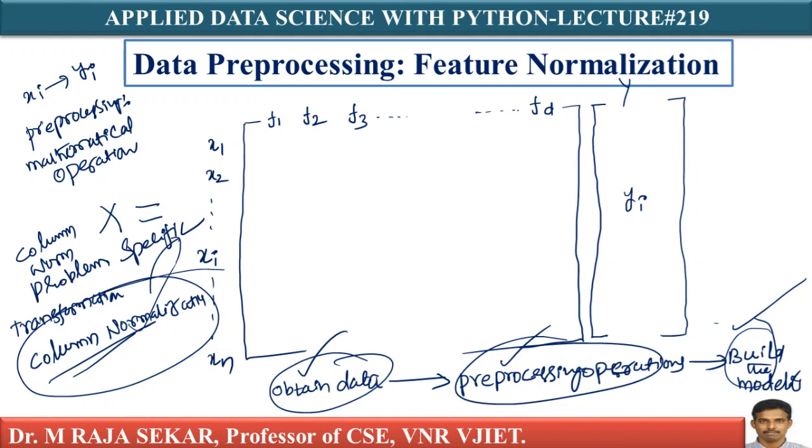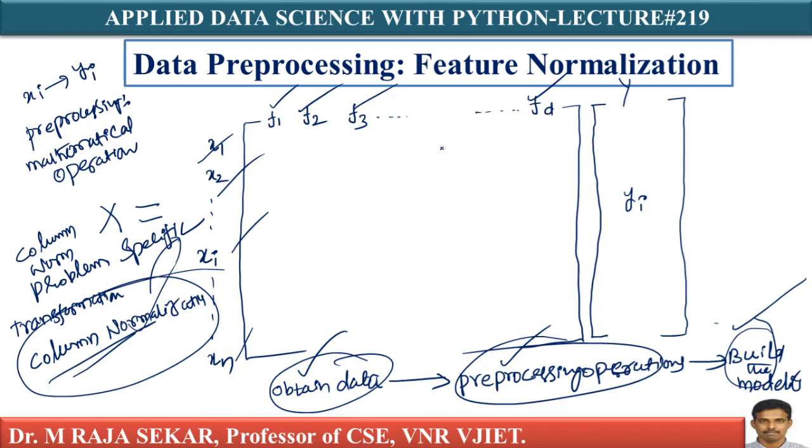Let me explain what is column normalization. I have my features. F1 is a feature, F2 is a feature, F3 is a feature. There are how many features? There are D features as columns. And there are n data points, 1, 2, i, and so on, n.